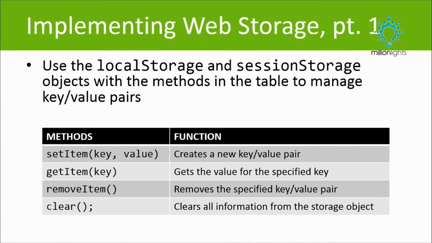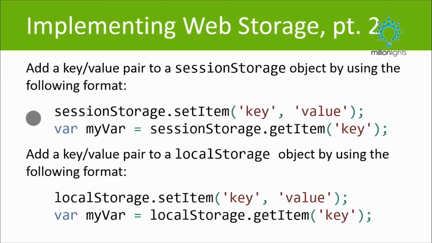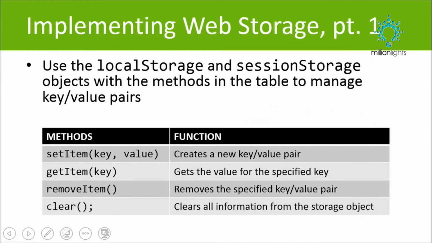We haven't talked yet about how to implement web storage. In order to implement it, you want to use the local storage and session storage objects with these methods down here in the table to manage key value pairs. A key is something as simple as maybe you have first name.